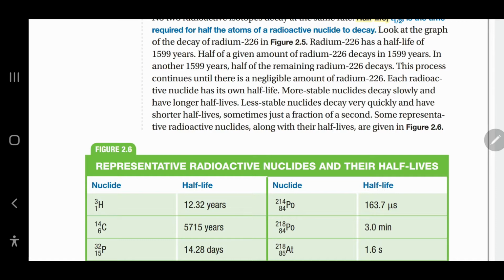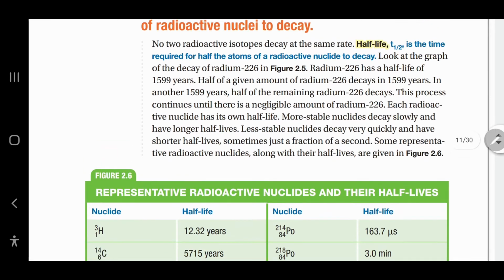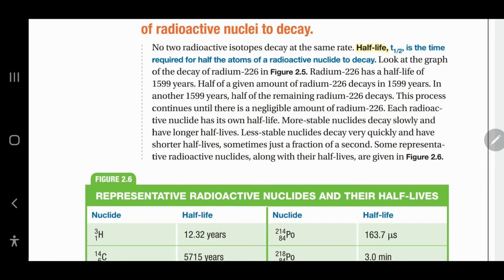And after another 5,700 years, half of the new quantity, which is 5 grams, will also disappear. So we will have 2.5 grams, and so on. So half-life is the period of time required for half the atoms of a radioactive nuclide to decay or disappear.